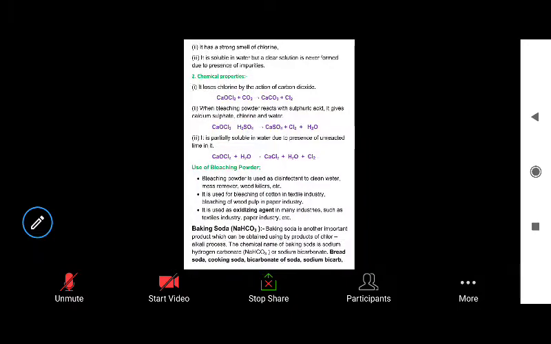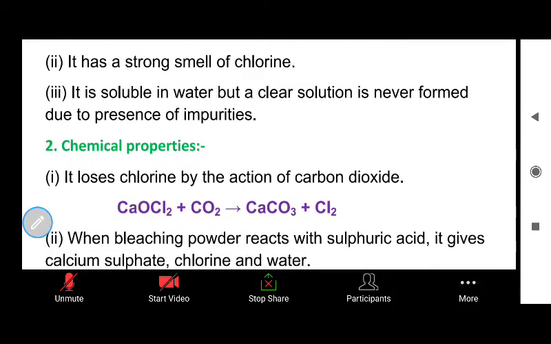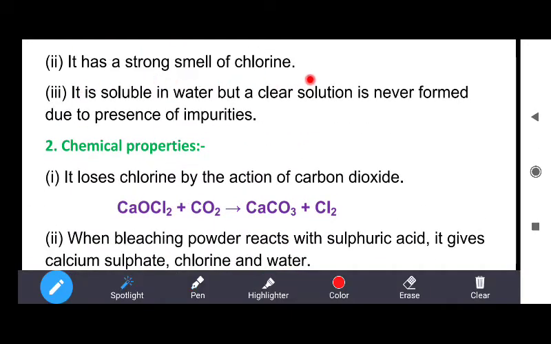Second physical property is it has a strong smell of chlorine as it contains chlorine. And third property is it is soluble in water, but a clear solution is never formed due to presence of impurities, as it contains some impurities. Therefore, the clear solution will never form.